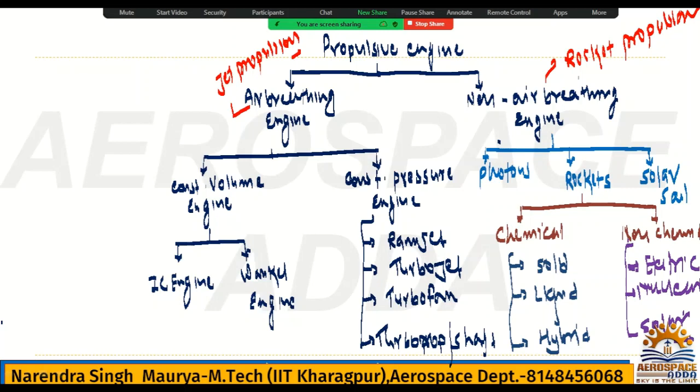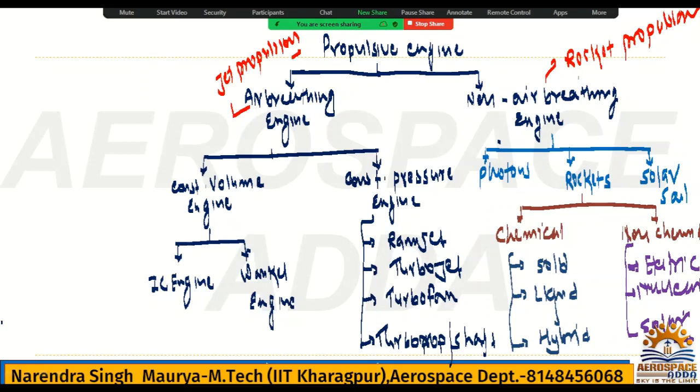You have heard this many times, like electric rocket engine, nuclear rocket engine, solar rocket engine. Yes or no? So these are rocket engines but non-chemical. And solid propellant rocket engine, liquid propellant rocket engine, hybrid propellant rocket engine. This word you have also heard many times. So this is the rocket engine, but the type is chemical, and non-chemical: electric, nuclear, and solar.